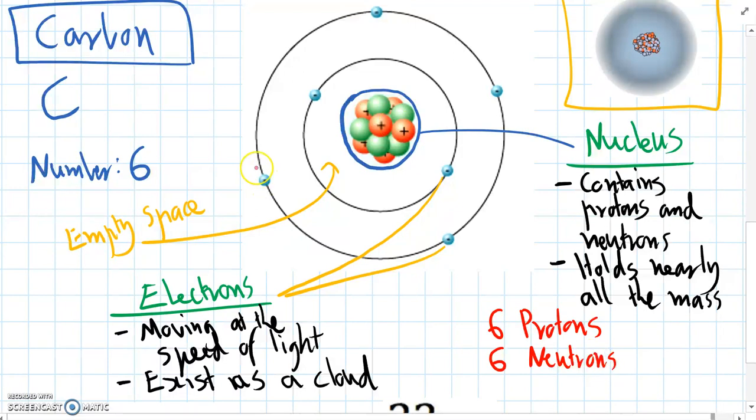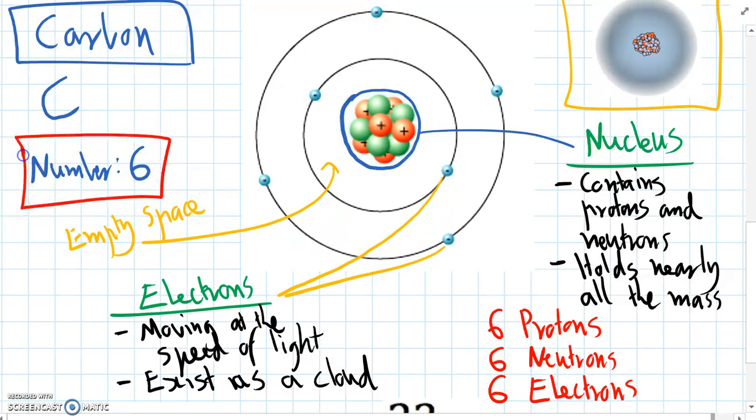And flying around the outside, we've got 1, 2, 3, 4, 5, 6 electrons. And remember, carbon is the 6th element. So we can see a big pattern here. Each element, depending on its number, that tells us how many protons, neutrons, and electrons there are in those atoms.